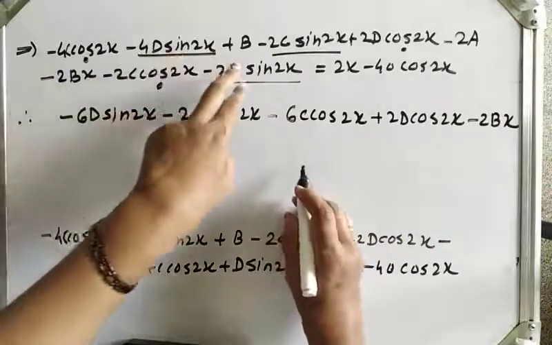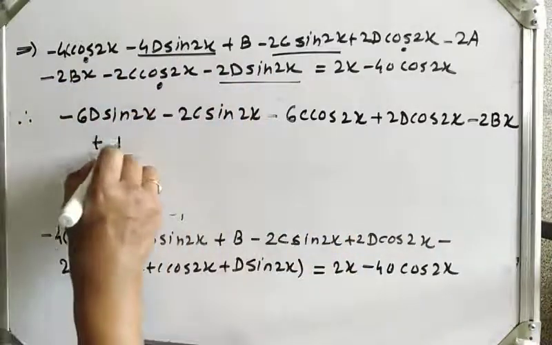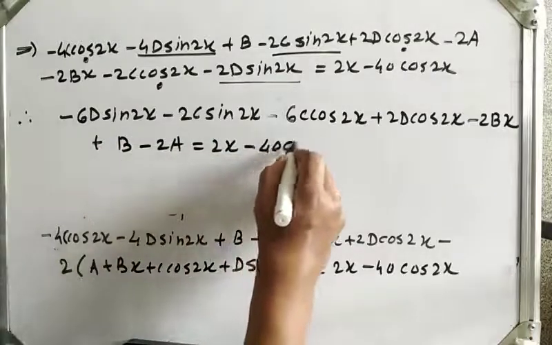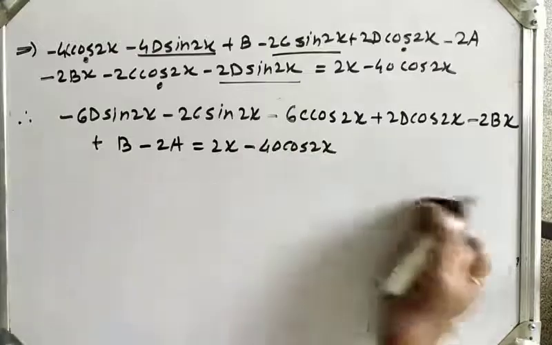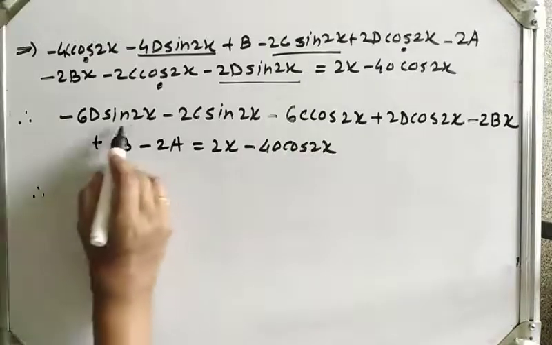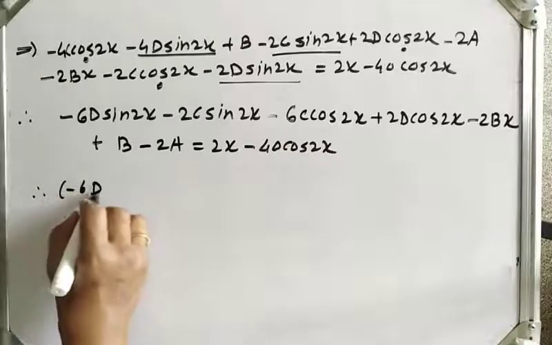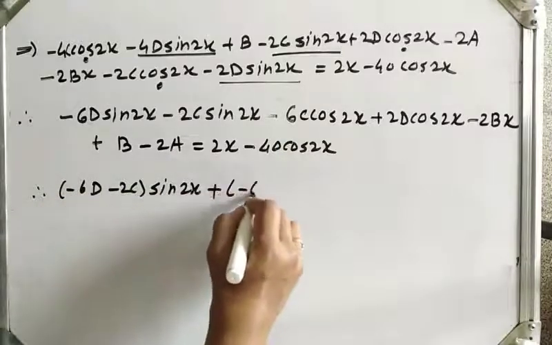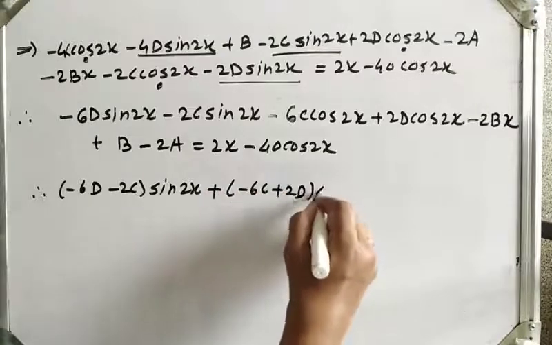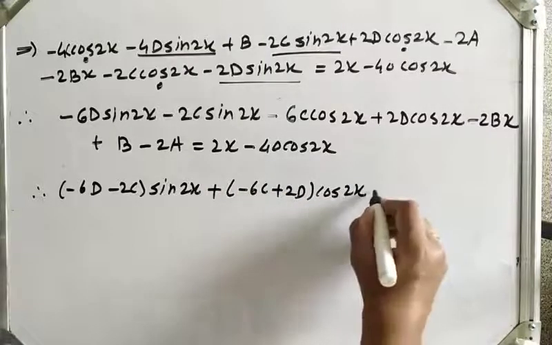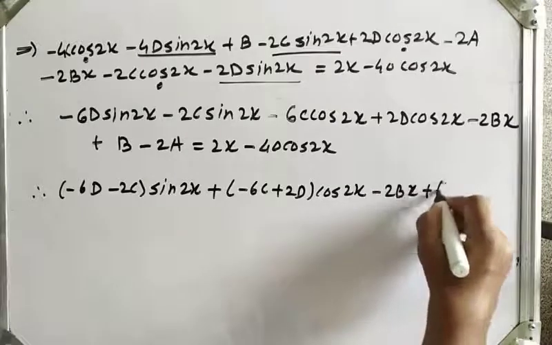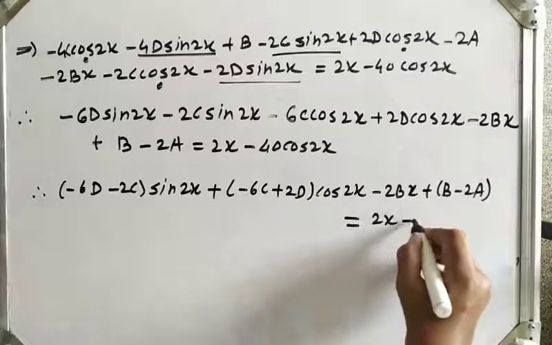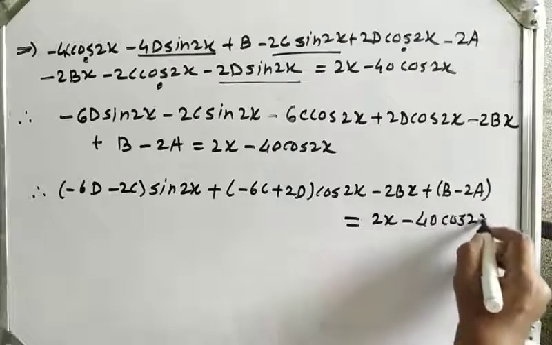Then constants, plus b minus 2a, equal to 2x minus 4 cos 2x. Therefore we can take sin 2x common: (minus 6d minus 2c) sin 2x plus (minus 6c plus 2d) cos 2x minus 2bx plus b minus 2a is equal to 2x minus 4 cos 2x.